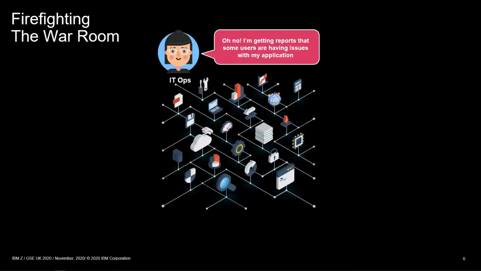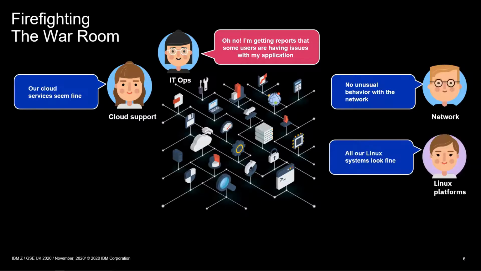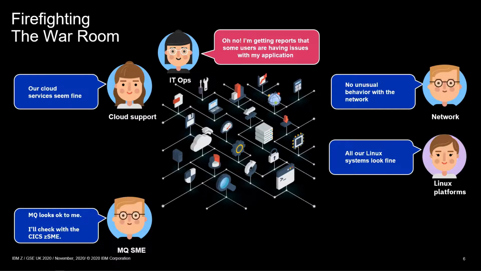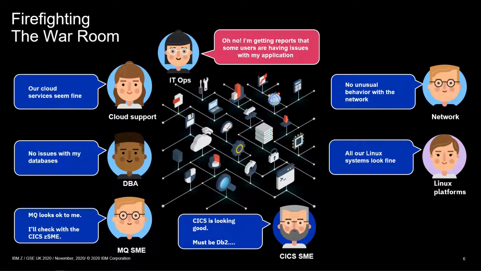And if she has no true way of understanding where things are happening, she picks up the phone or starts one of her war room bridges and calls in everyone around the IT support staffs that represent the different parts of the infrastructure, from cloud to support to networking and Linux to CICS, all the way down to the mainframe. And these really tend to be mean time to innocence calls.